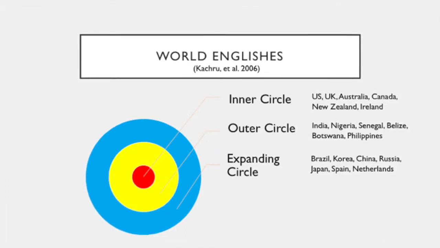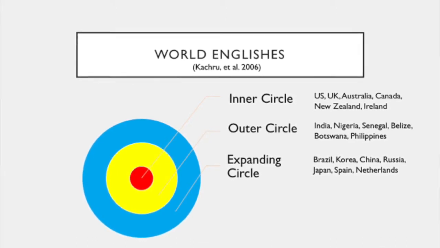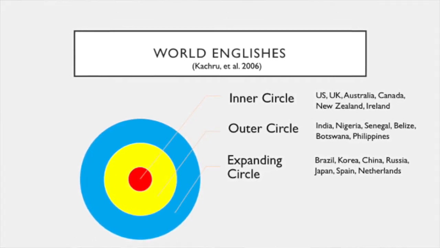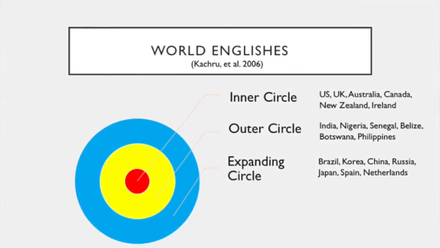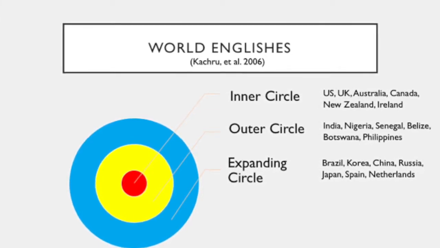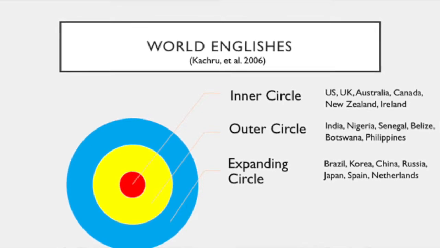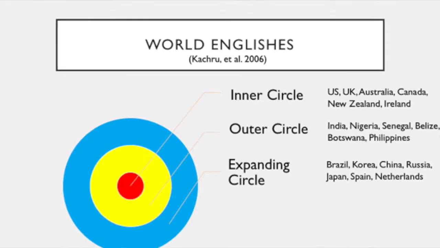Kachru explains that the inner circle refers to predominantly monolingual contexts in which English originally took shape as the primary official language of given national institutions, such as in government, education, religious institutions, etc., as well as use within local communities as the dominant means of communication in the native language. In these contexts, English serves as a standard prestige variety for all language users.